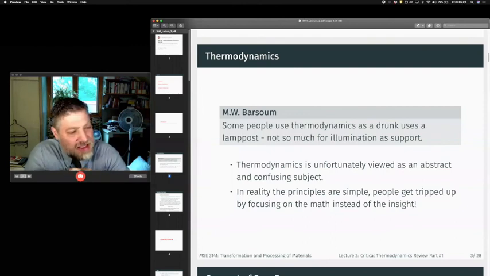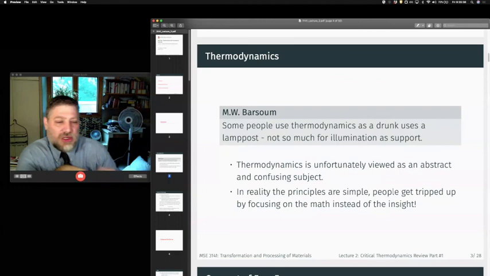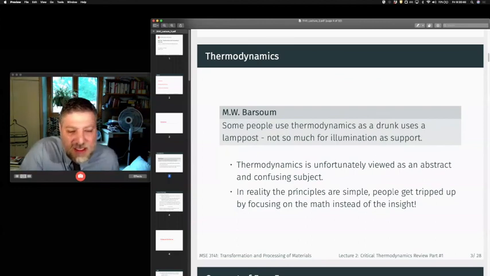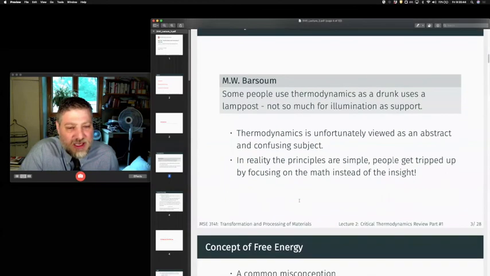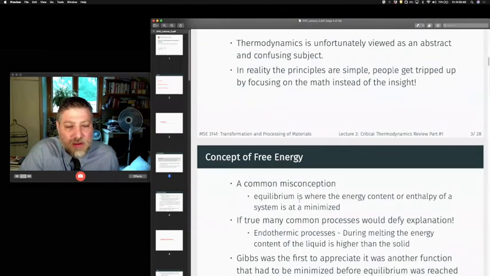And that's a natural thing when you're learning this subject, because it's presented in terms of equations. And as a younger student, internalizing the meaning of differential equations is not necessarily the easiest thing to do. So I want to strip away some of the equations and talk about some fundamental principles that I think are super important.